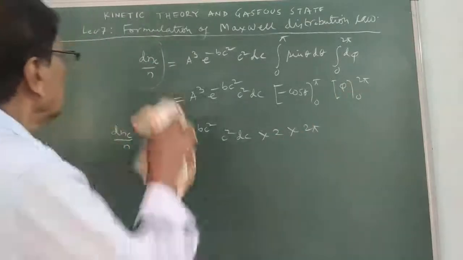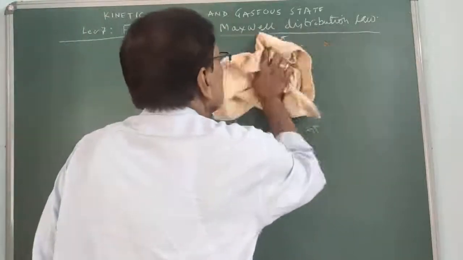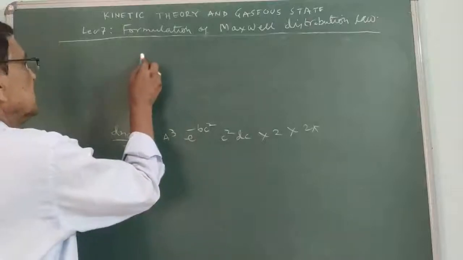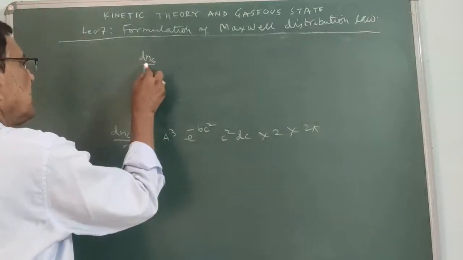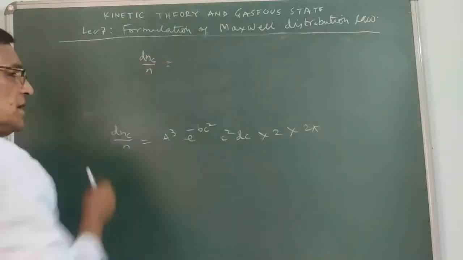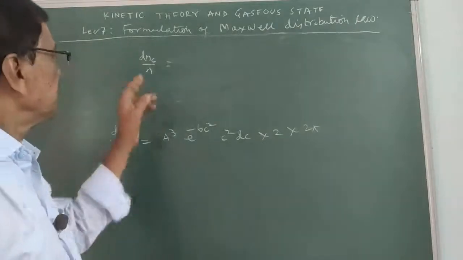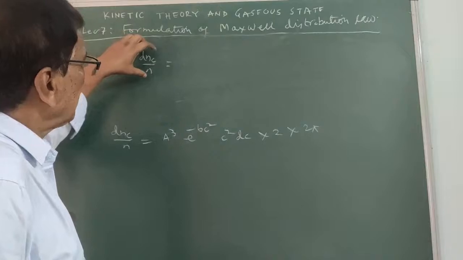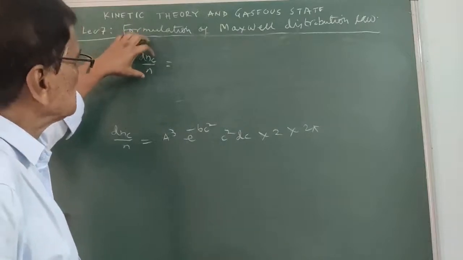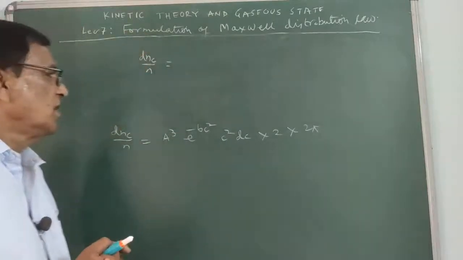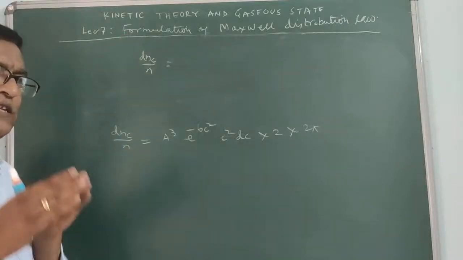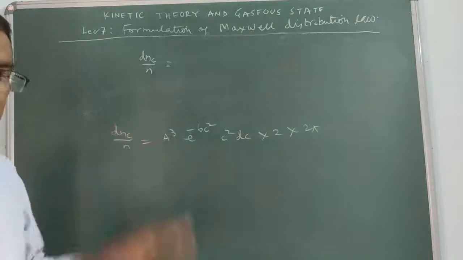So the distribution function dn(c) by N is the probability of a molecule to have the speed c to c plus dc, or the fraction of the molecules having the speed c to c plus dc in all possible directions.